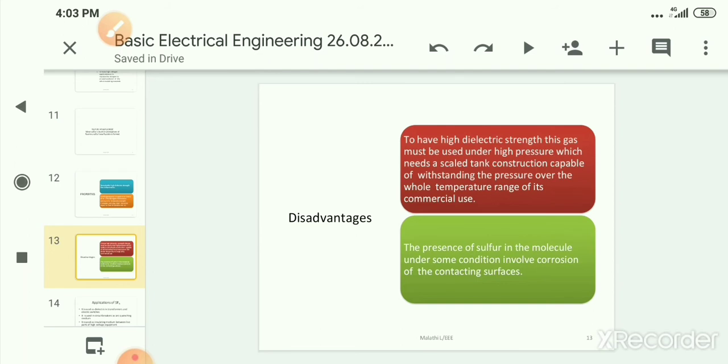So definitely a construction is needed to get this additional benefit, that is, high dielectric strength at high pressure.